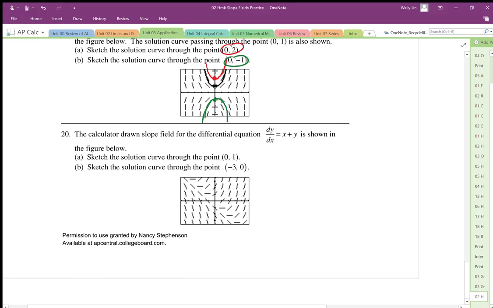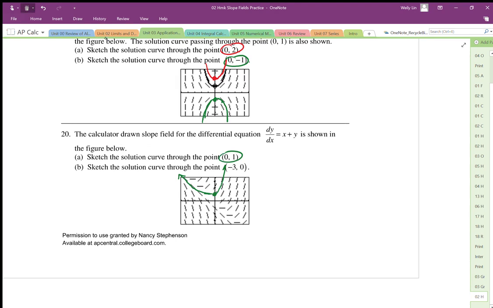And the same thing can be done here. We can see that at 0, 1, so that point right there, it's going to be pointing up towards this slope field like that. It's going to point across, and then it's going to point along this like that. So that's our point starting at 0, 1.